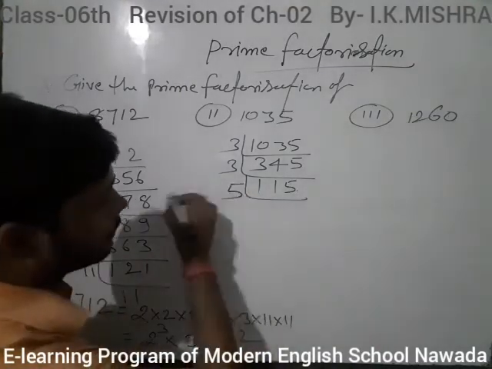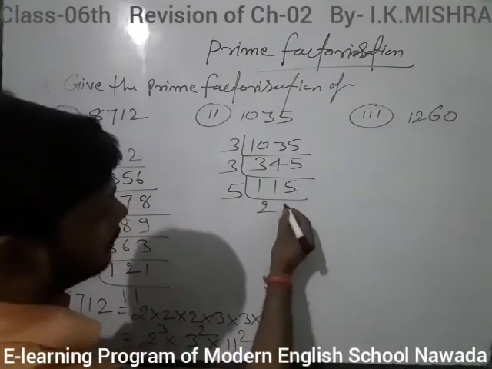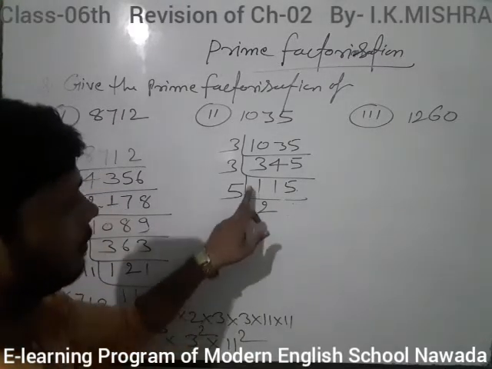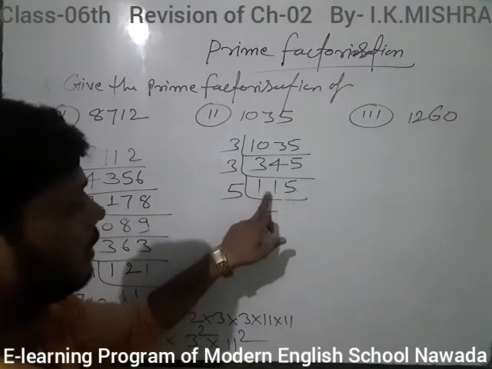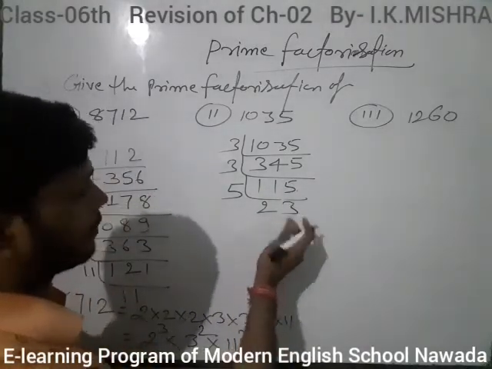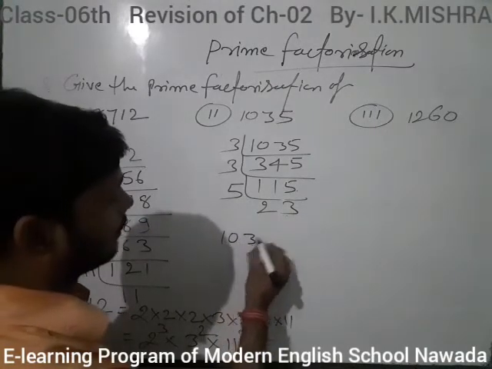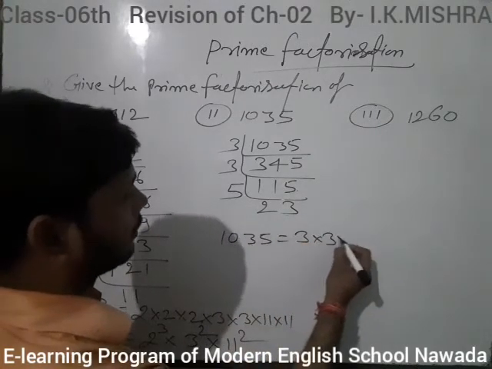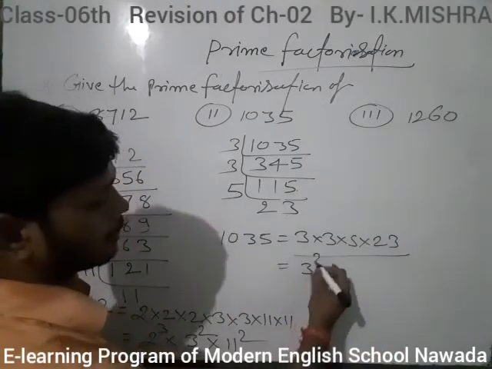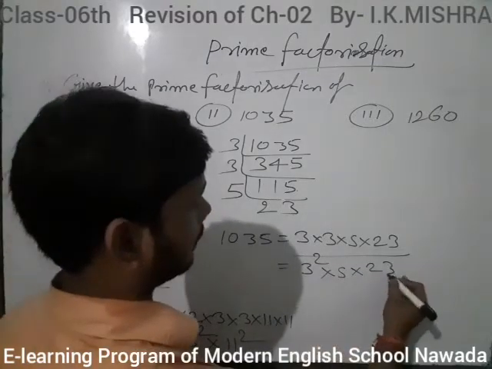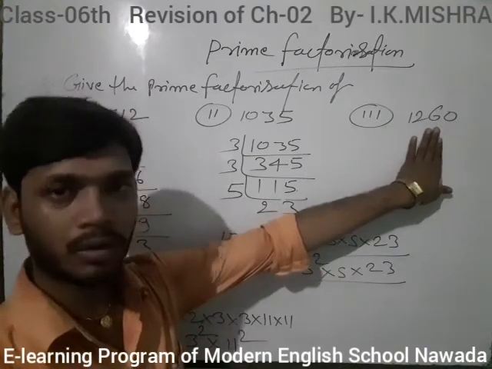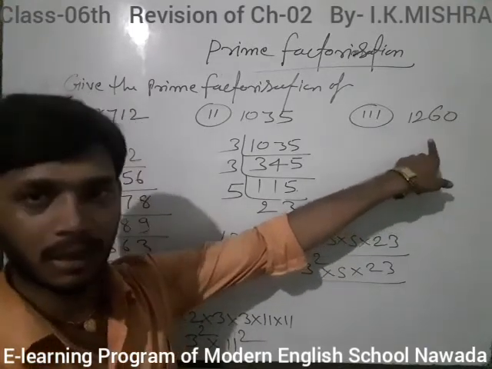It is divisible by 5, 23 times. And here 23 is a prime number, so it will be written 1035 is equal to 3 into 3 into 5 into 23, and you can write it 3 square into 5 into 23. Similarly students, you can factorize, and I leave the question, you can solve this factorization.